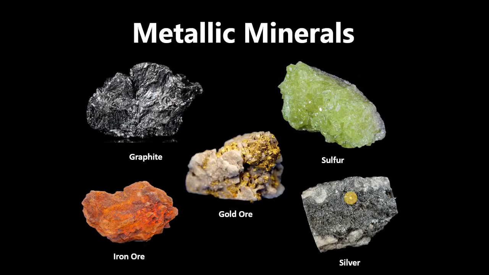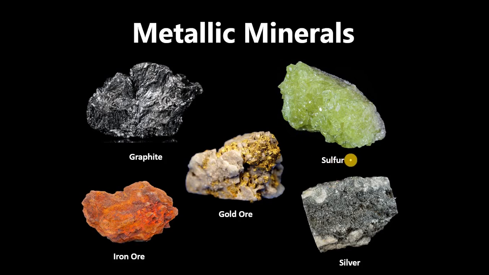And then we have also metallic minerals, just like the graphite, as mentioned earlier. That is a mineral that we can find in the lead of our pencils. Gold ore is the raw form of gold, so it is not yet extracted, it still has impurities.